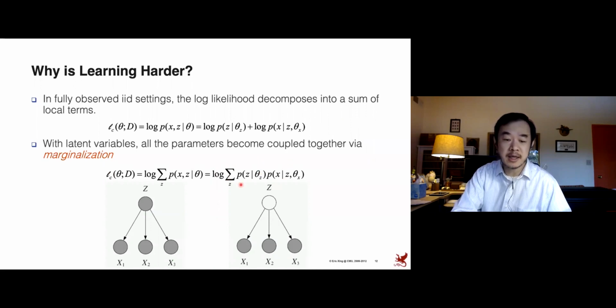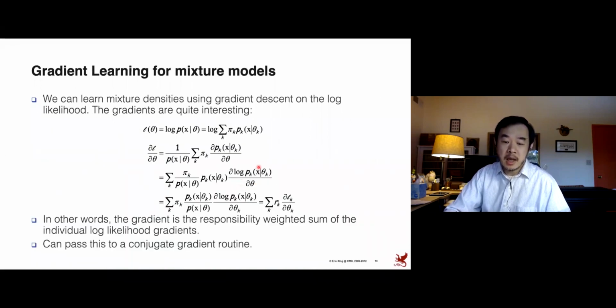Let's look at how the gradient in this case looks. Now you take a gradient of this log likelihood of a mixture model with respect to, say, any of the parameters that you have to compute.